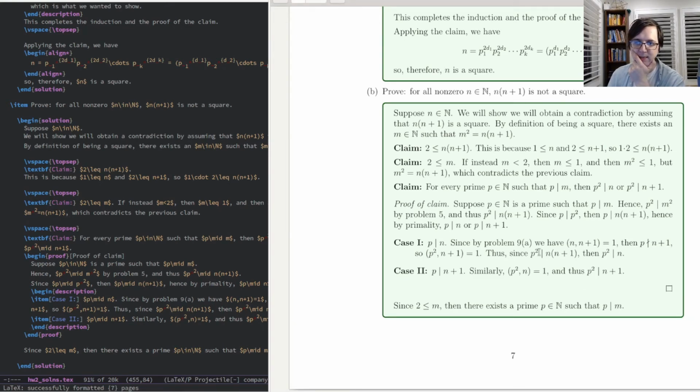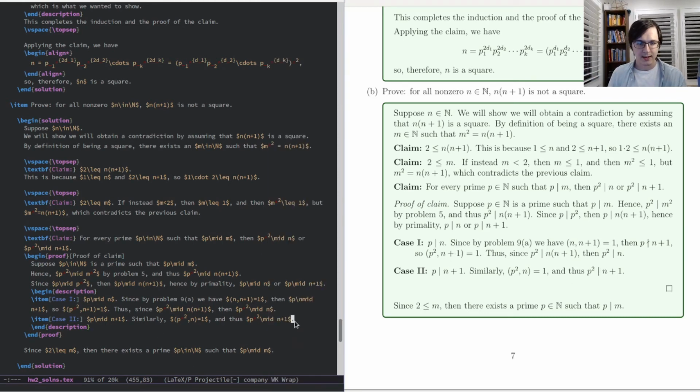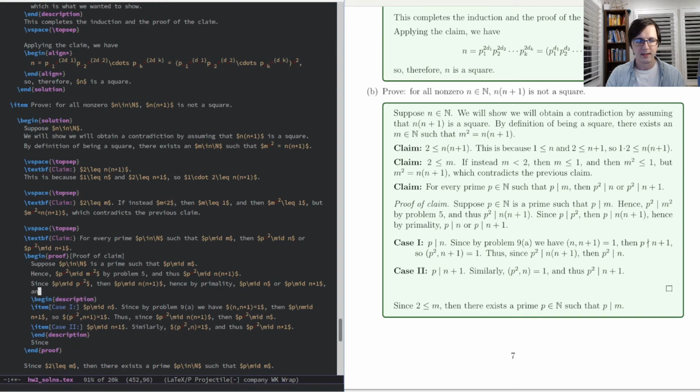Using the same stuff, we're just swapping n and n plus 1. Okay, we should say we proceed by cases, therefore the claim holds because it held in both cases.